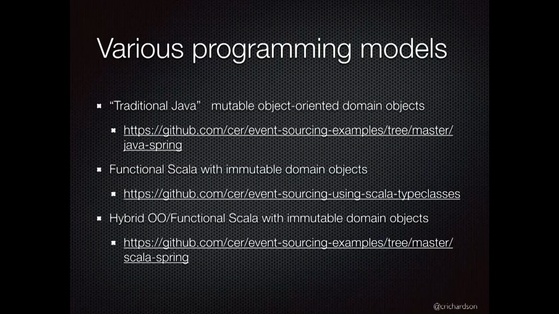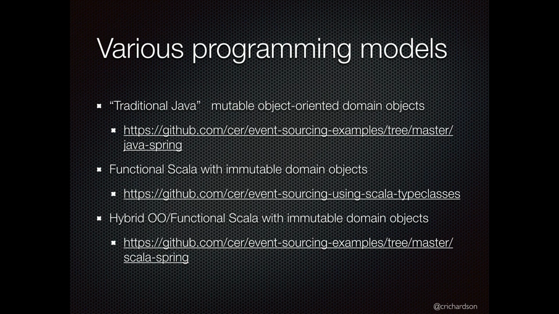So hopefully I've given you a sense of what business logic looks like, some of the steps for designing business logic, and illustrated how the concept of an aggregate, which is quite an old idea, is very applicable to microservices. And we briefly looked at event and command objects. There are actually different programming models for writing the aggregates themselves.